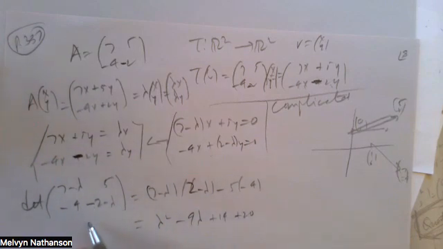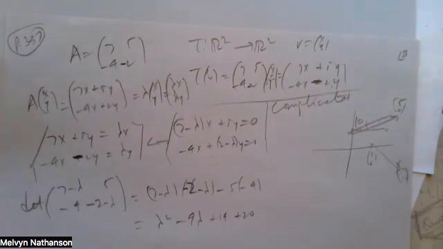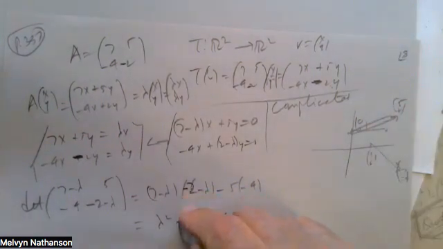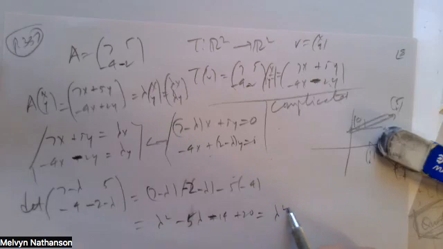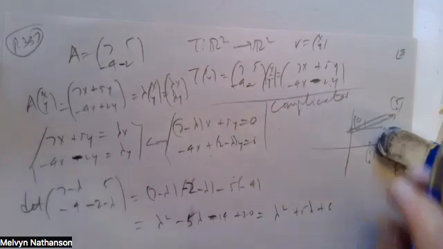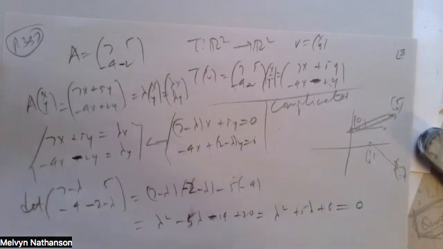So when I multiply out, I get lambda squared minus 7 lambda plus 2 lambda is minus 5 lambda, and minus 14 plus 20. So this is lambda squared plus 5 lambda plus 6, and I want that to be equal to 0.